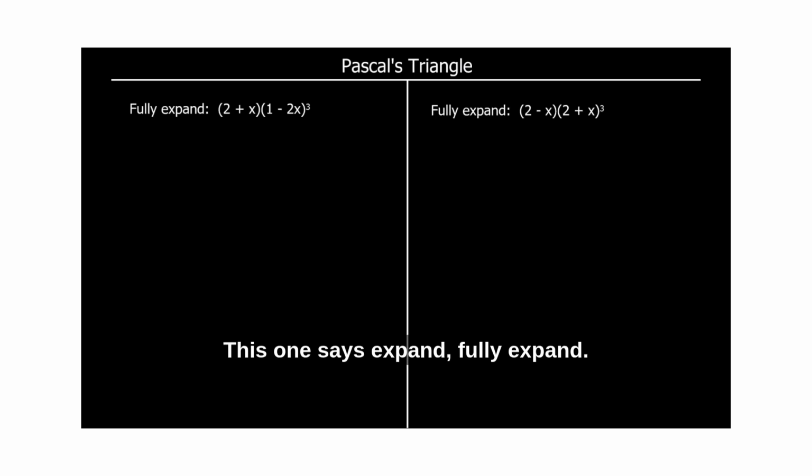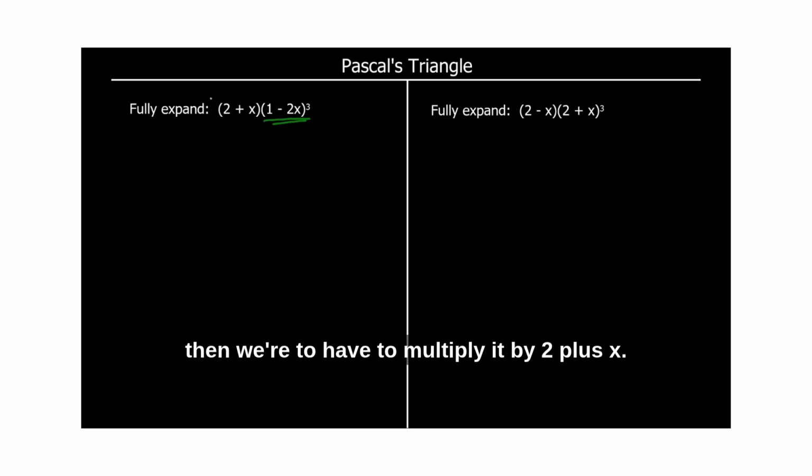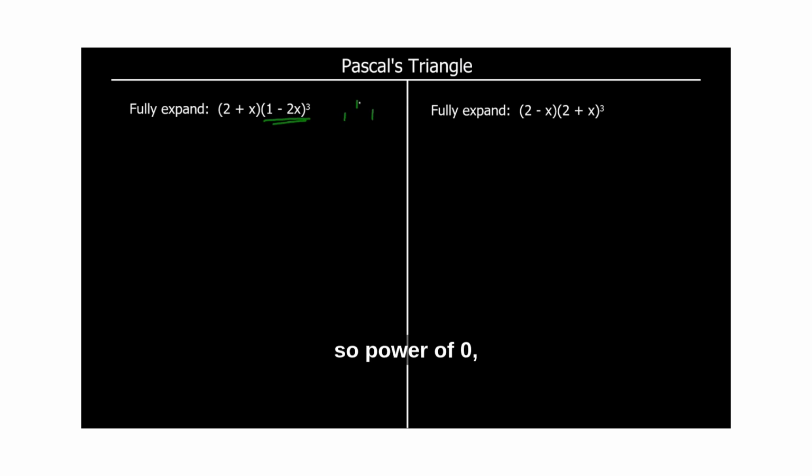This one says expand, fully expand. So we can use Pascal's triangle to expand this cubic part, but then we're going to have to multiply it by 2 plus x. So we can use Pascal's triangle. So power of 0, power of 1, power of 2, power of 3. So we're using the 1, 3, 3, 1. So it's going to be 1 times 1 cubed.